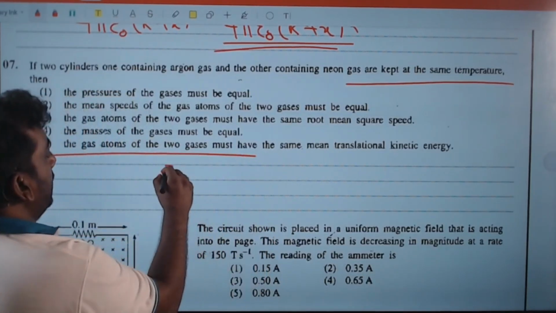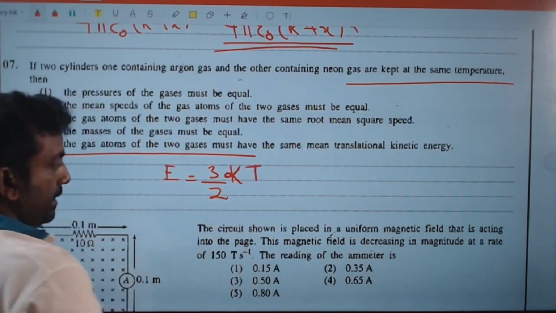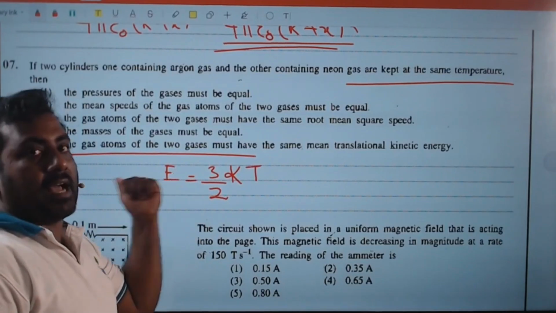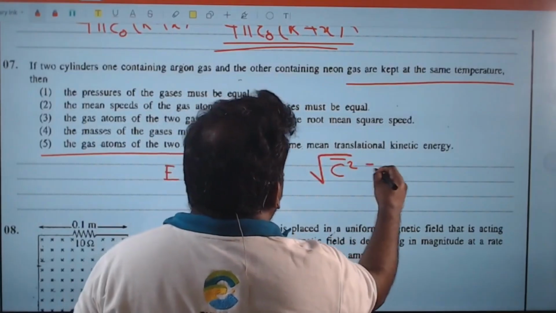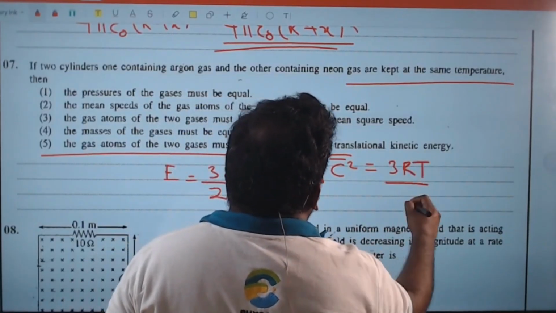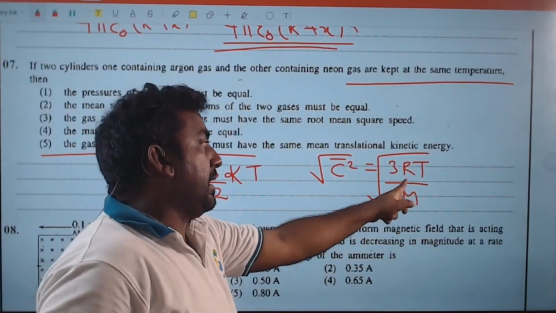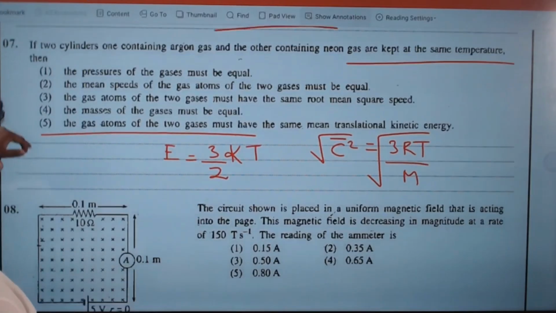That is true. E is equal to 3 over 2 kT. Whatever the gas, the same temperature means the same kinetic energy. But root mean squared speed is slightly different: square root of 3RT over molar mass. Different gases, different molar mass, different speed. So the correct answer is going to be answer number 5.